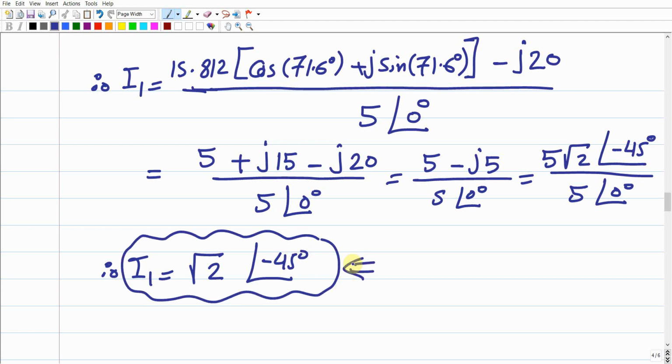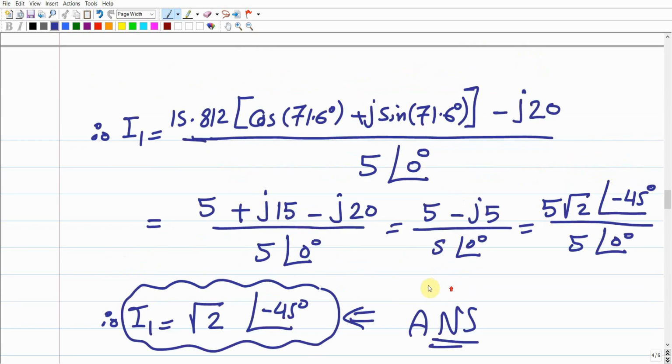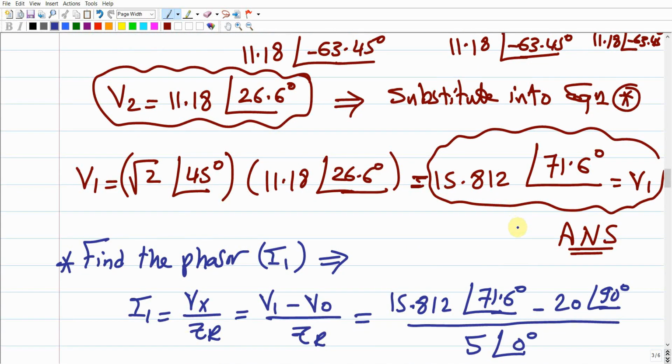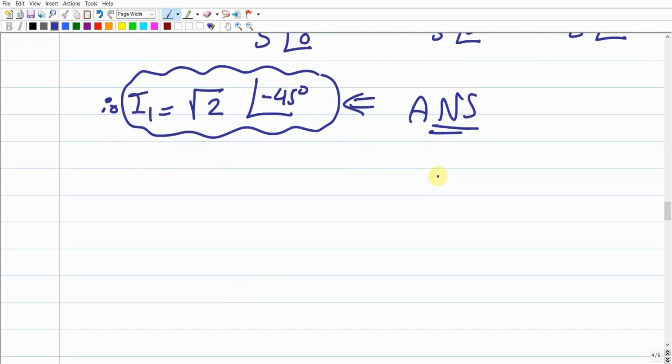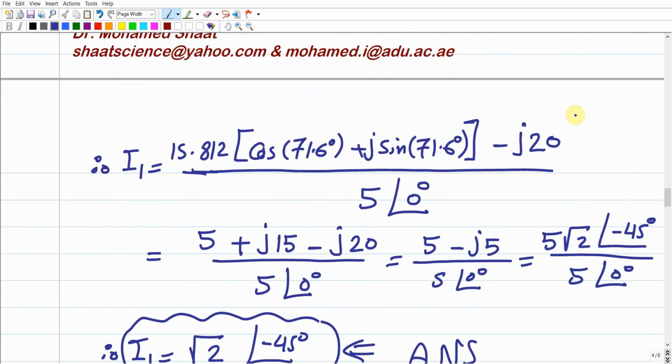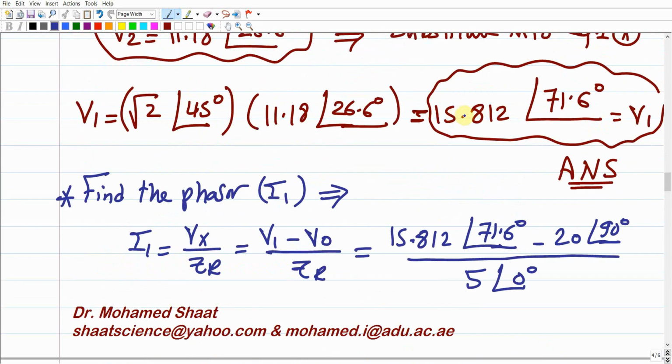Make sense? If we decided, and this is going to be answer number 2, to convert these phasor forms for V1 and V2 into the sinusoidal form, we're going to have the voltage V1, how much it is in the time domain. So V1 we already got: 15 is the magnitude, and this should be the angle.